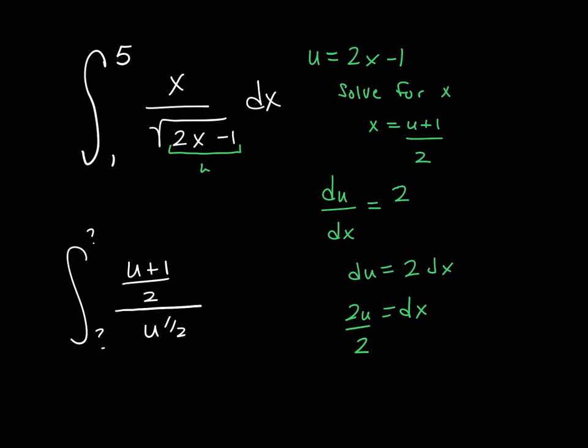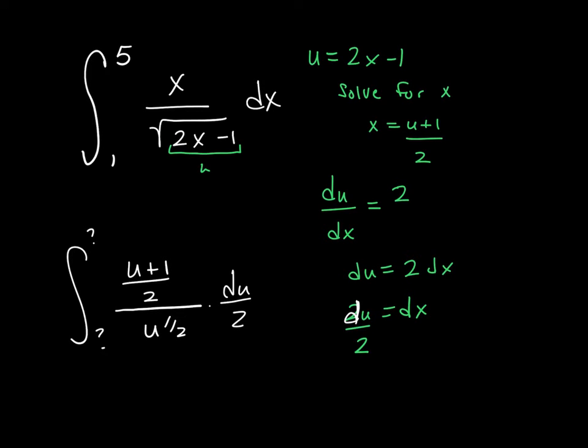Dx becomes, hold on. No, you're right. It's dx. It should be du. Sorry, that's just what happens when I'm thinking about the fact that I have to do something too, and I wrote a 2 instead of a d. So yeah, dx is du over 2.